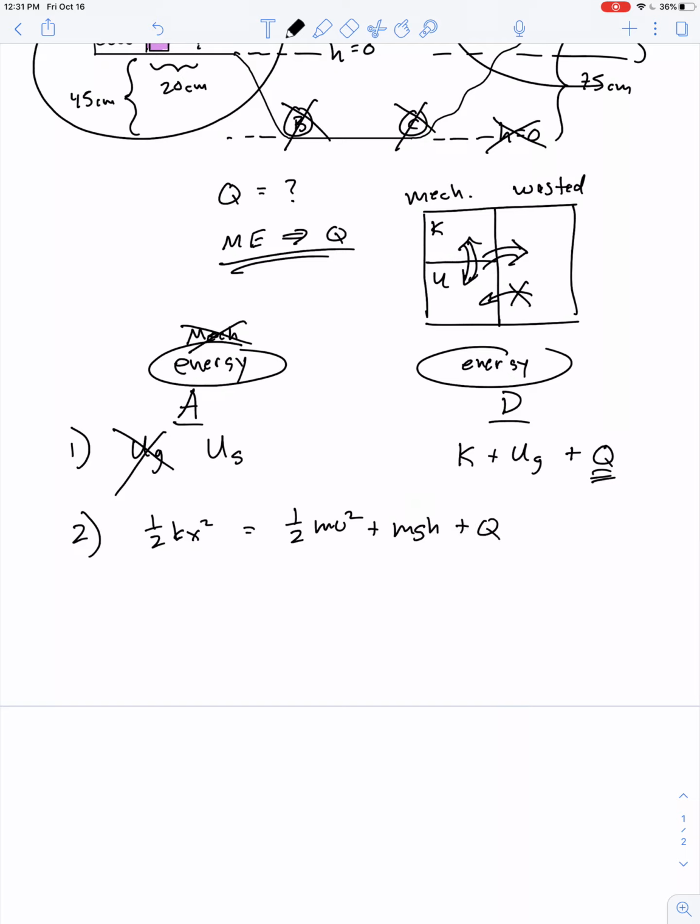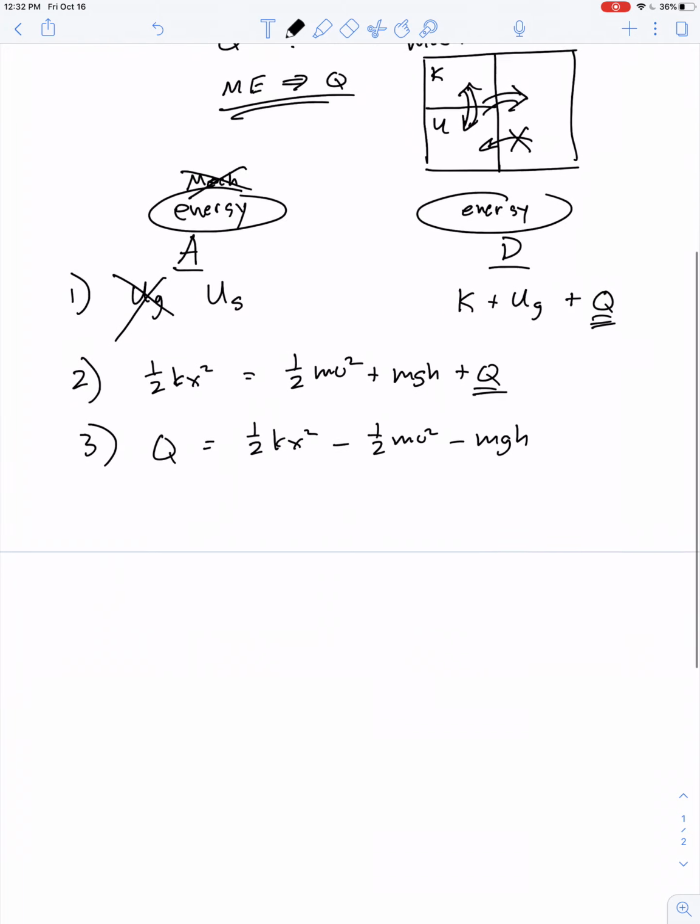And so if all we're trying to do is solve for the Q value, we just need to rearrange our equation. The Q value is 1/2 kx squared minus 1/2 mv squared minus mgh.